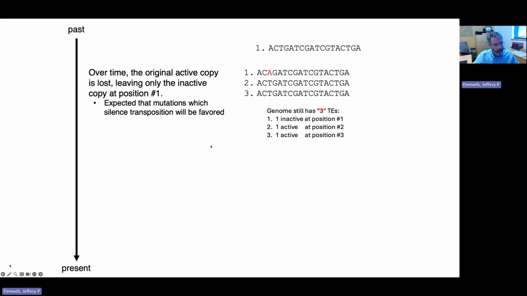The evidence is that this is the most frequent ultimate outcome for all transposable element copies. There's always going to be selection to favor silencing the transposition of these things. Any mutation that inactivates it is good for the genome and good for the host, because now you don't have this viral element loose in your genome that could be disrupting genes or landing in regulatory elements.